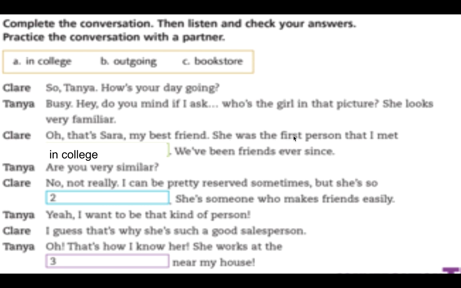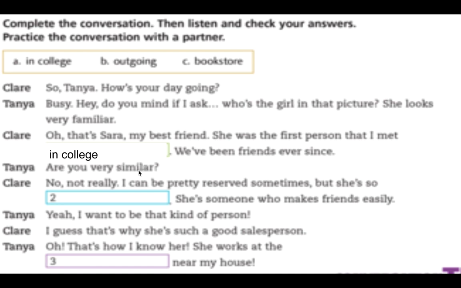She was the first person that I met in college. So Sarah was the first person that Claire met in college. Now, Sarah is her best friend. We've been friends ever since. So ever since I met her in college, we have been friends.